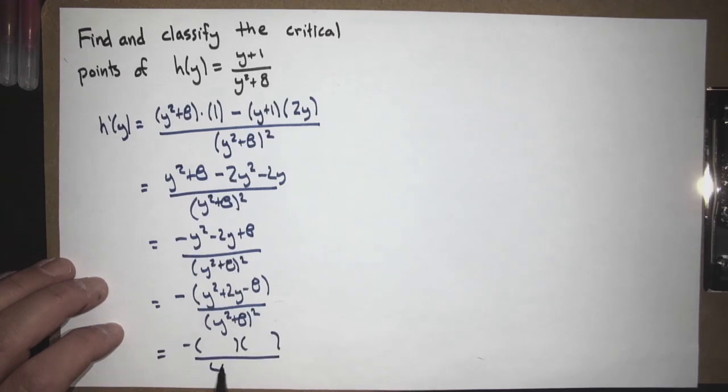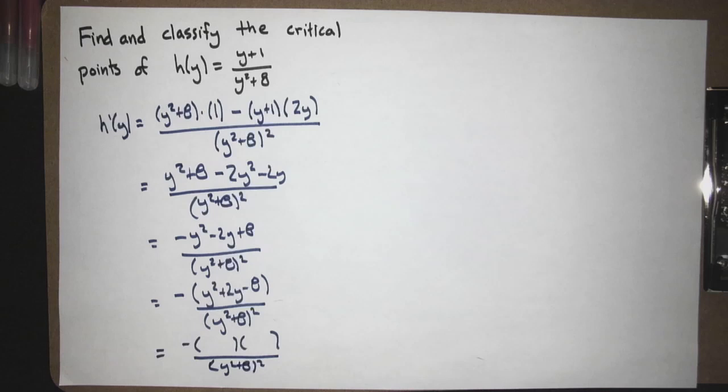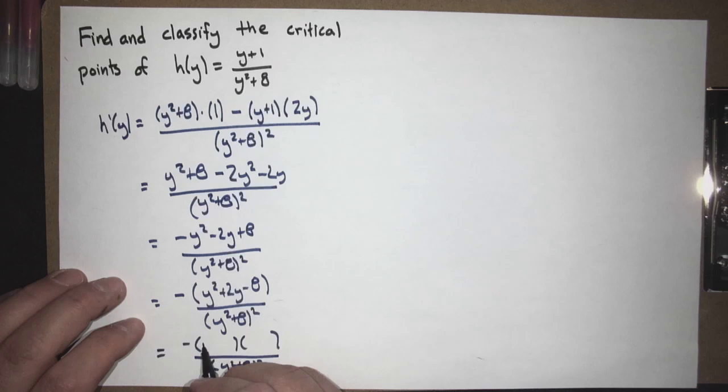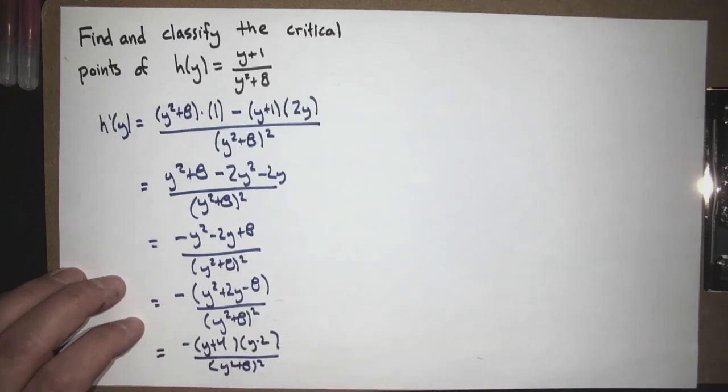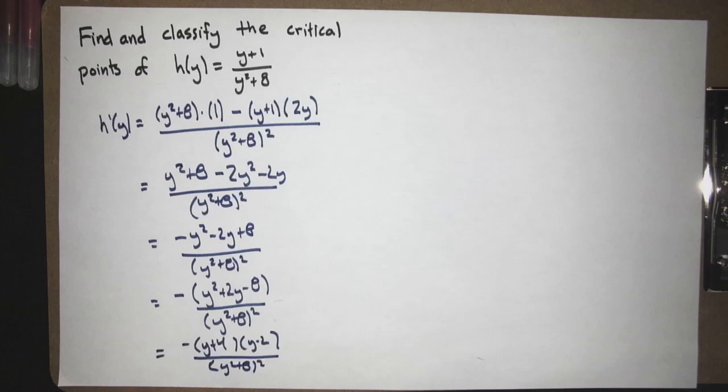I'm writing it like it does factor. What is it? Y plus 4, y minus 2. Okay, I think that's about as simple as we can hope for.